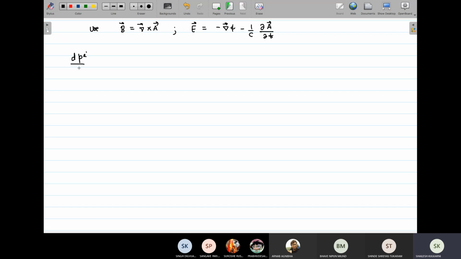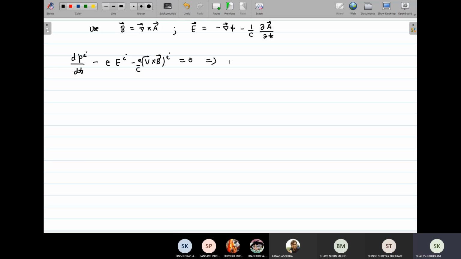So I have dPi by dt minus E times the ith component of electric field minus V cross B, E by C, the ith component of V cross B, equal to 0.